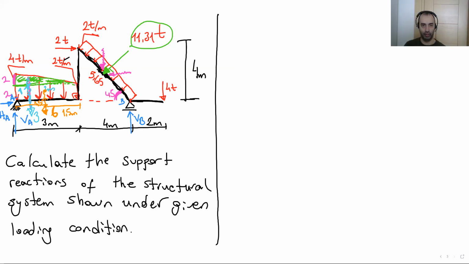If this is 45, this will be, sorry, this will be 45. They're parallel to each other. And then again, this will be 45 because this is perpendicular to this hypotenuse. So the angle is 45 here. Let's resolve this 11.31 into its components. Here, 11.31 times cosine or sine?